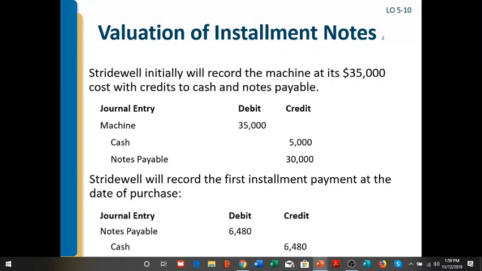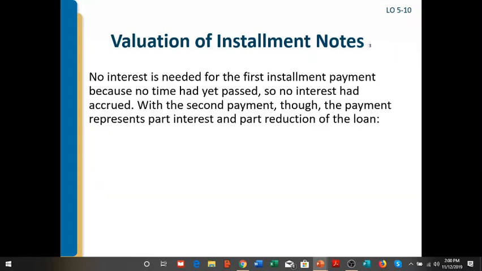So first payment, they're going to make this entry here, the initial entry, and then right after that, since they're making their first payment on the date of purchase, they record this, and they're going to record this at the end of every year after this initial payment too.